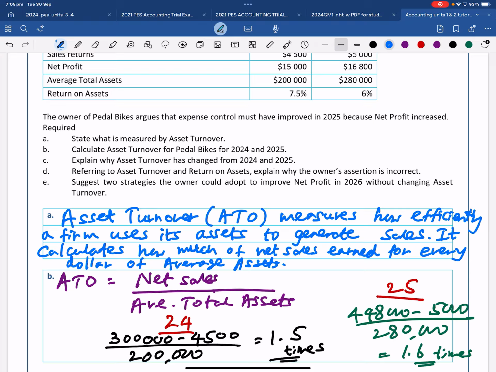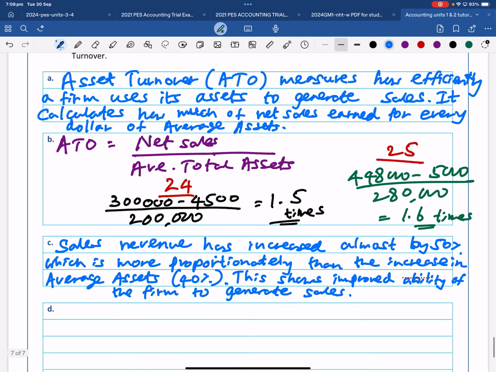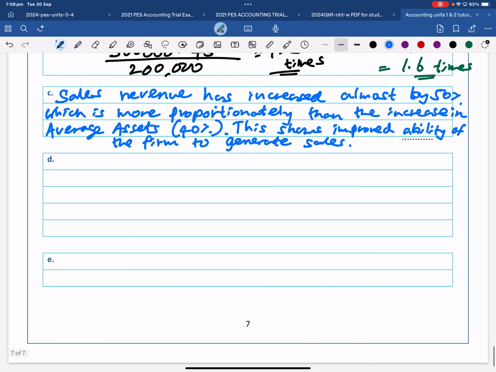That's because their expense control is pretty poor. So is the owner correct? As we said at the beginning, he's dumb, yes? Okay, so we'll say that. Just take down.